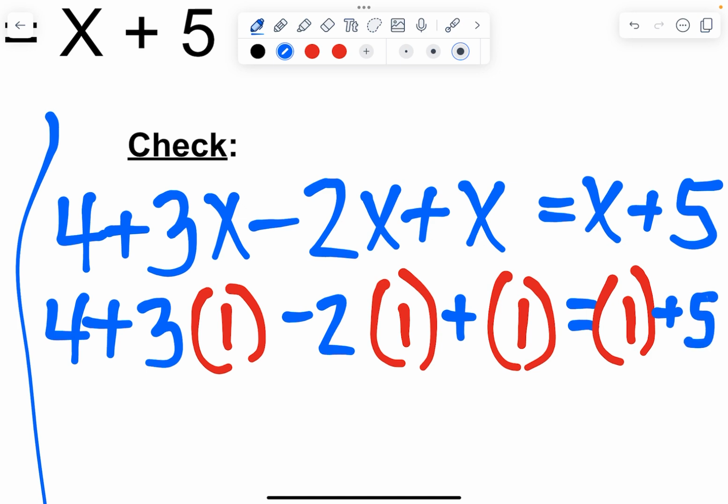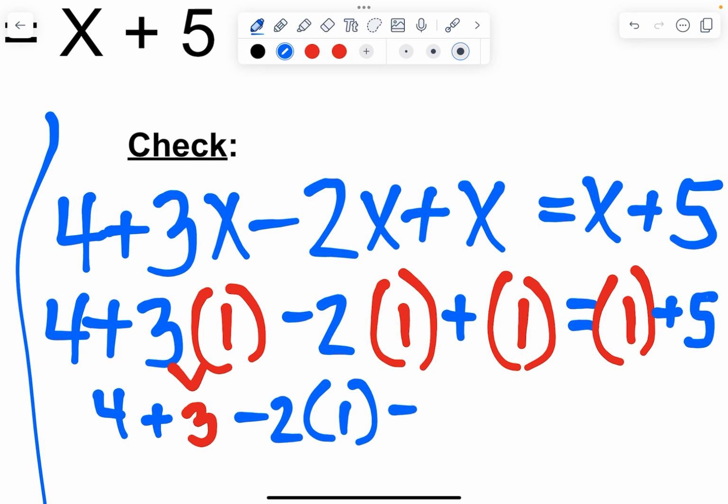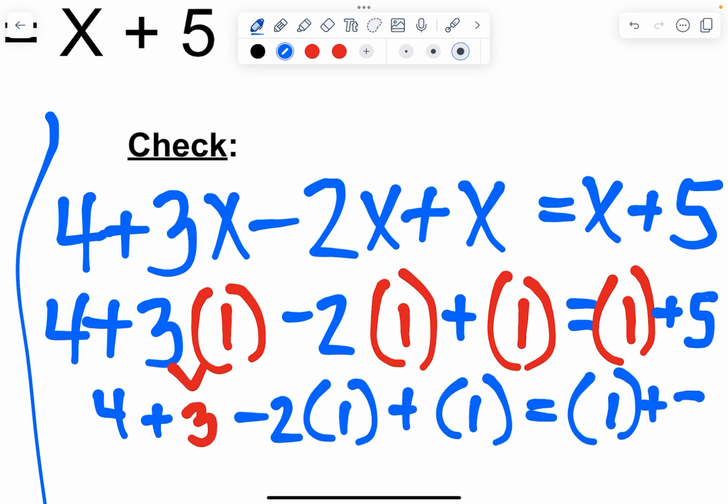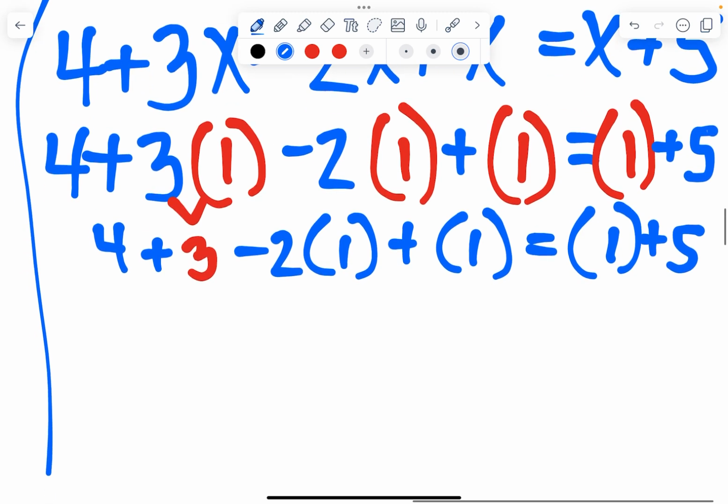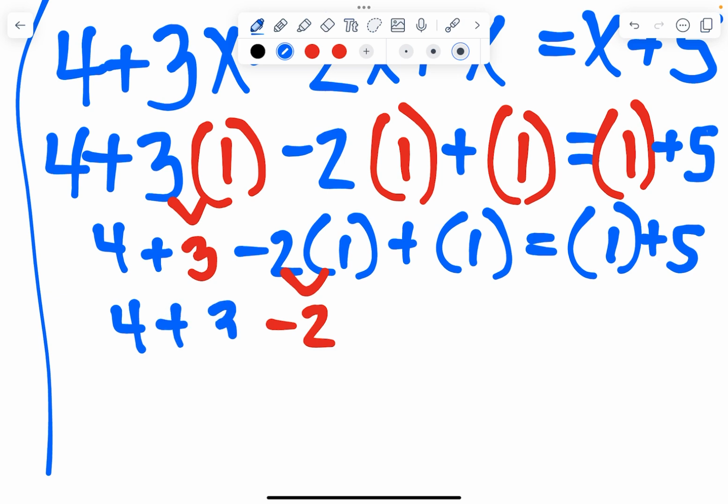Order of operations says we multiply first from left to right. I've got another multiplication here. Notice that I'm doing one at a time, otherwise with that negative, it can get kind of confusing.